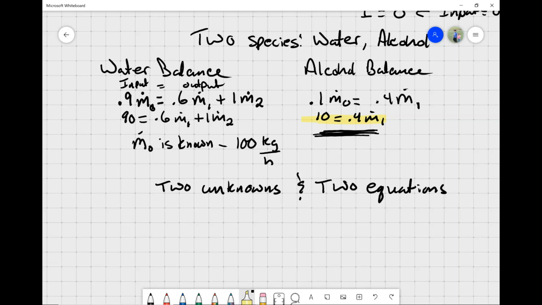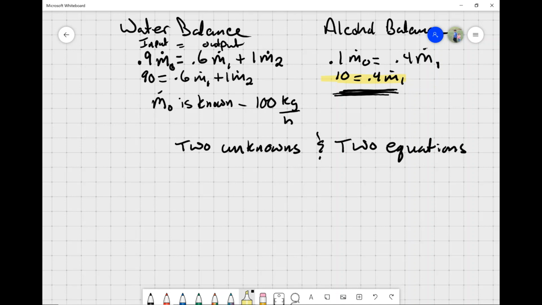So from the alcohol balance, oops, excuse me. See, I got a little better at putting 0.4. I'm just rearranging it.